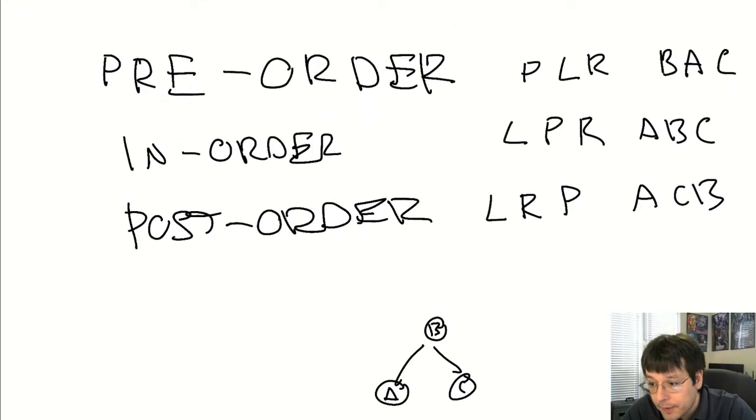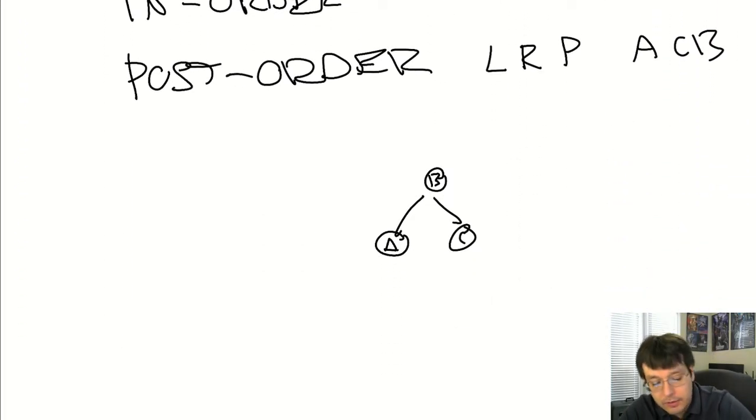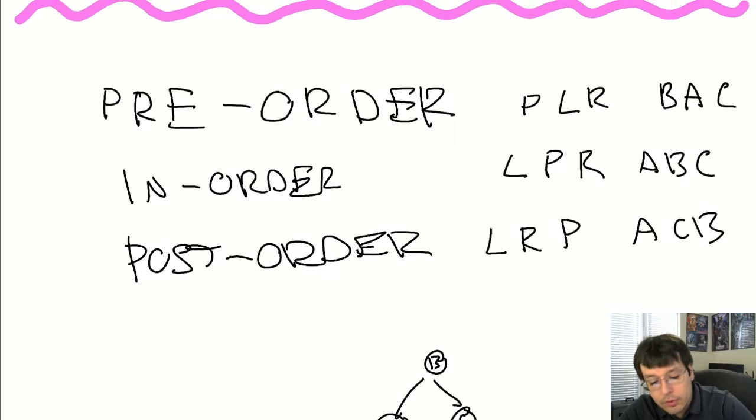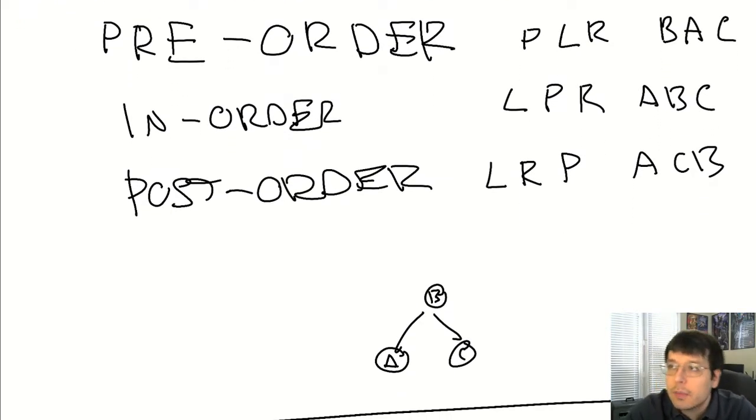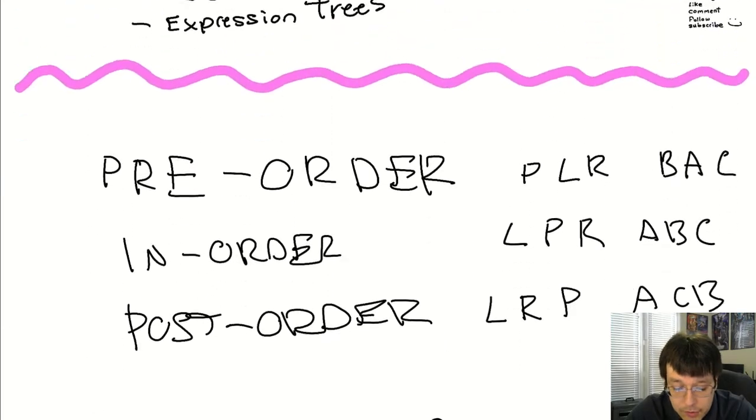So that's the really fast review. Again, this was the first video, so I expected you to know what those are. Those are relatively straightforward. The only thing you get out of practice is doing them faster. And of course, you don't want to make mistakes when you do them, because it's very easy to make mistakes with this stuff. So that was just traversals, right?